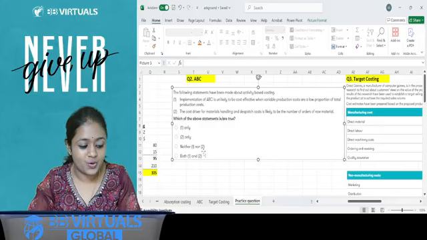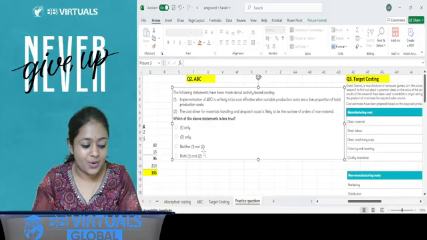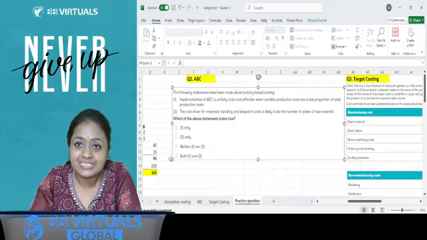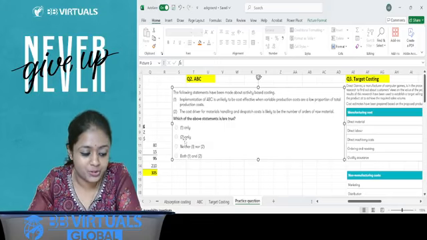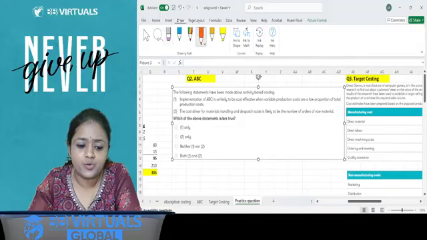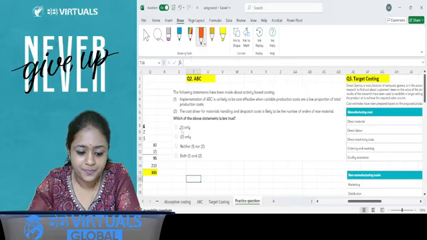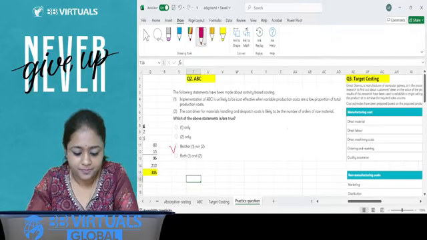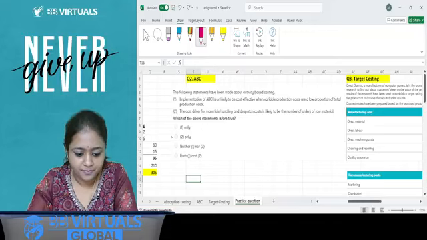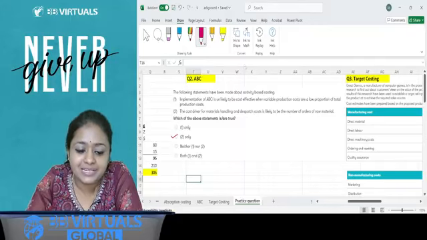Okay, then let's go ahead and let's discuss it. Yes, so correct answer would be only option number 2. Now, why only option number 2 would be correct? Let's think. Because of the statement that is given here.